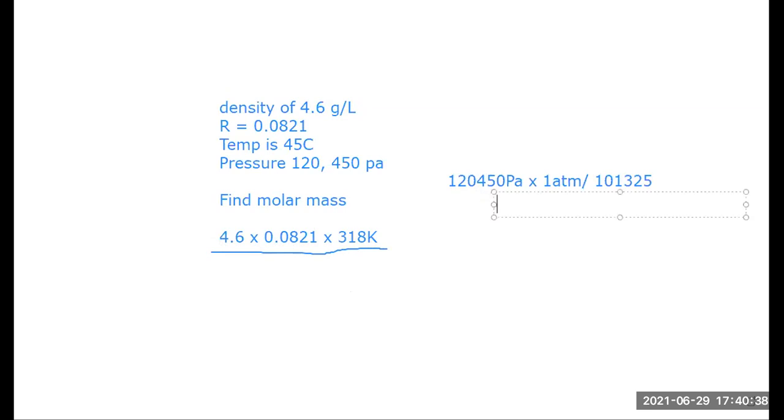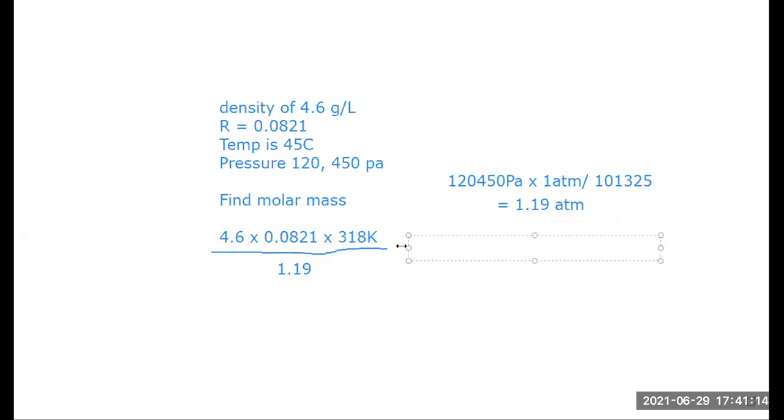And that will give me, and I can't do that in my head, so let's see, 12450 divided by 101,325 gives me 1.19 atmospheres. So I'm going to put 1.19 on the bottom there.